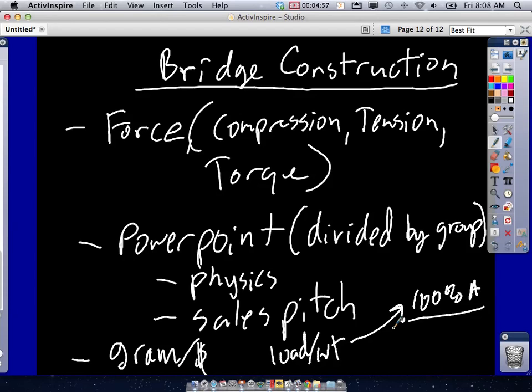And under that sales pitch, you want to explain the physics behind your bridge so that you can convince me whether or not your team knows what they're doing. Maybe when you present, everybody else is on the board of directors or something, and then we'll all vote. Would you give this group a contract to build the bridge or not?